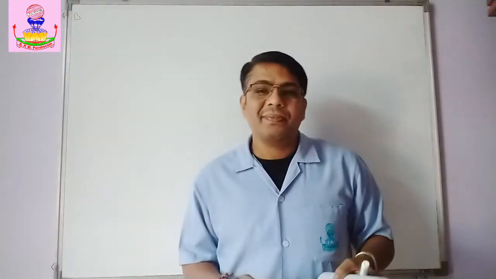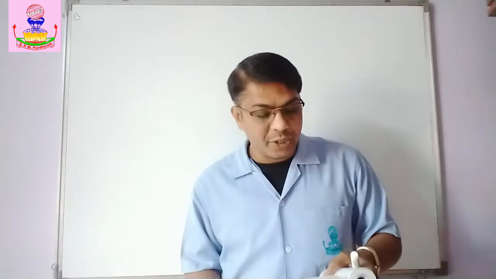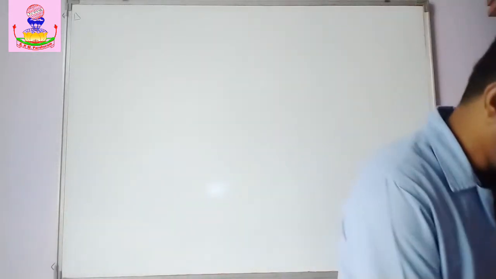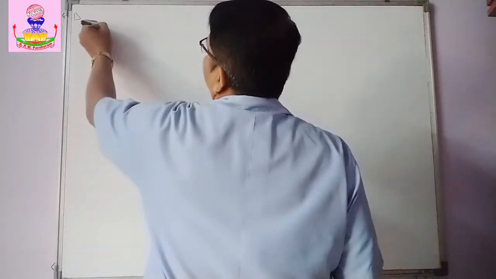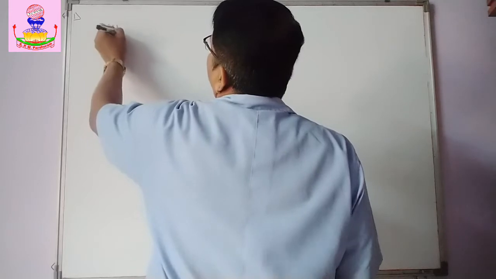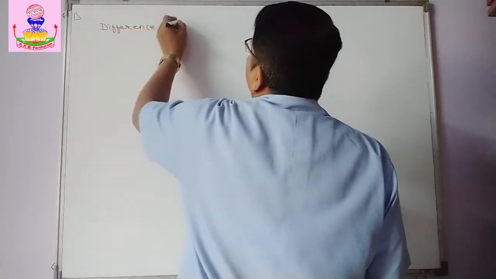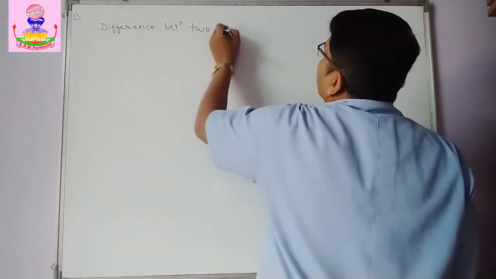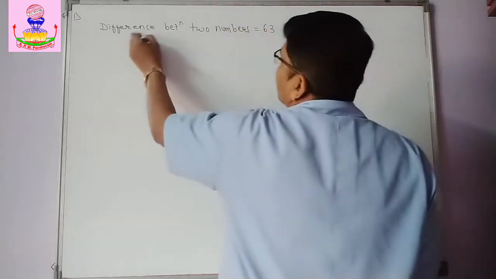Now see the first example. The sum of two numbers is 231 and the difference is 63. What is the ratio of the greater number to the smaller one? So suppose the difference between two numbers is 63.